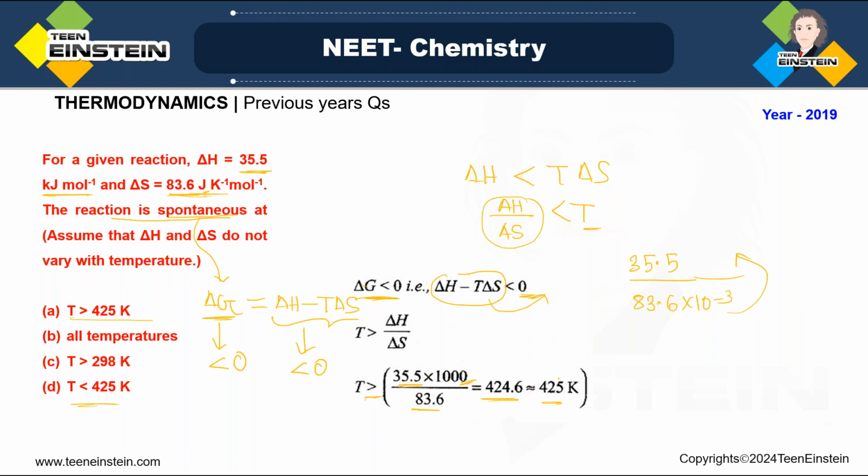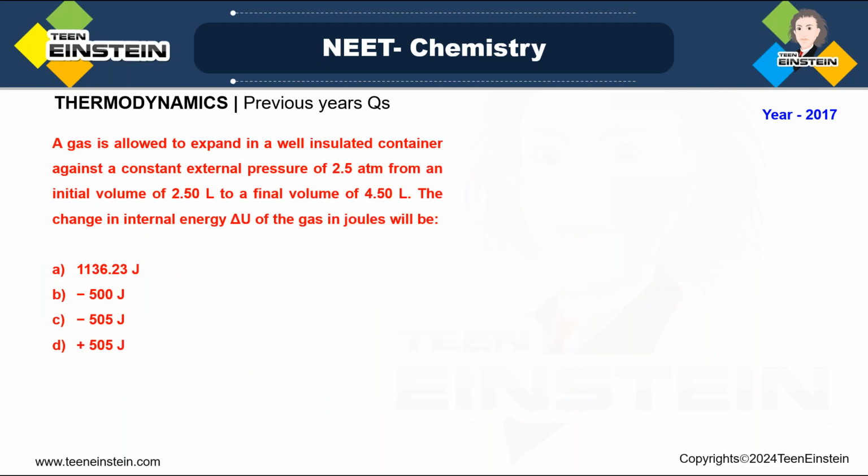Just getting this answer is not enough. Suppose you have done the calculation correctly as 425, but that is not enough. Whether it is greater than or less than, that we have to understand. So for that, we have to do this calculation properly. So the first answer should be the correct answer.